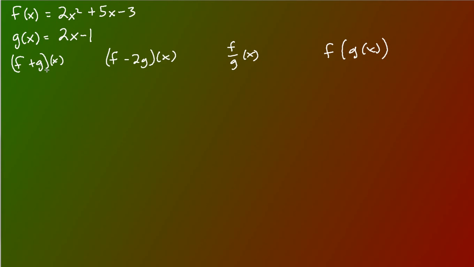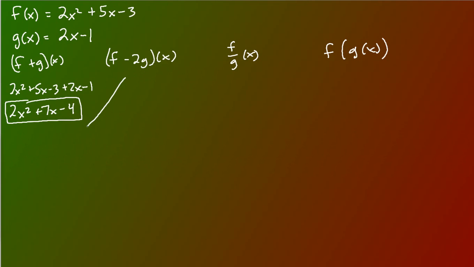All right, so for this addition, I am just adding these two together. So I have 2x squared plus 5x minus 3 plus 2x minus 1, and I combine my like terms. And there's my answer. I'll do this one down here. So I have f of x, so that's 2x squared plus 5x minus 3, and then minus 2g.